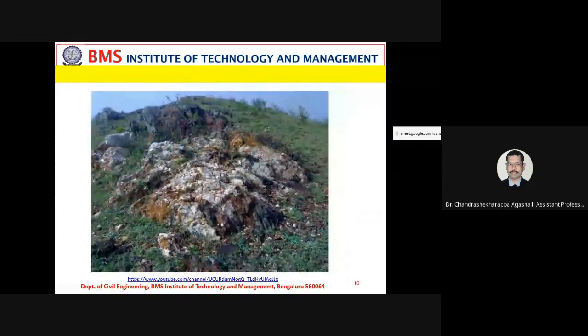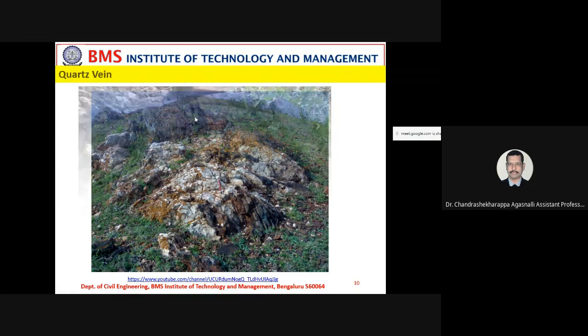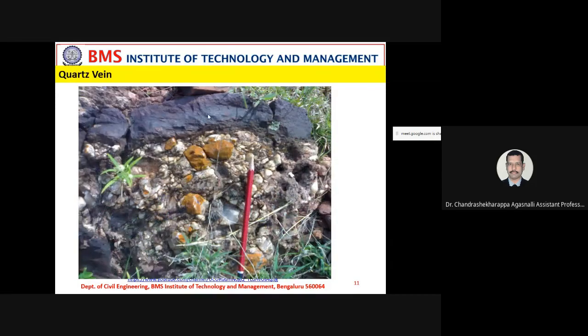Apart from that, you can see associated with it an iron ore, which is a raw material for iron and steels. This is quartz associated with BIF, banded iron formations. It's one of the best field photographs.